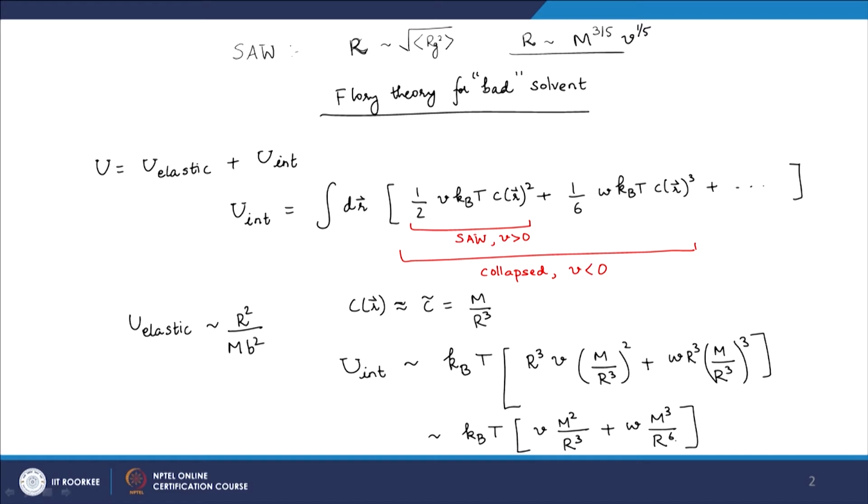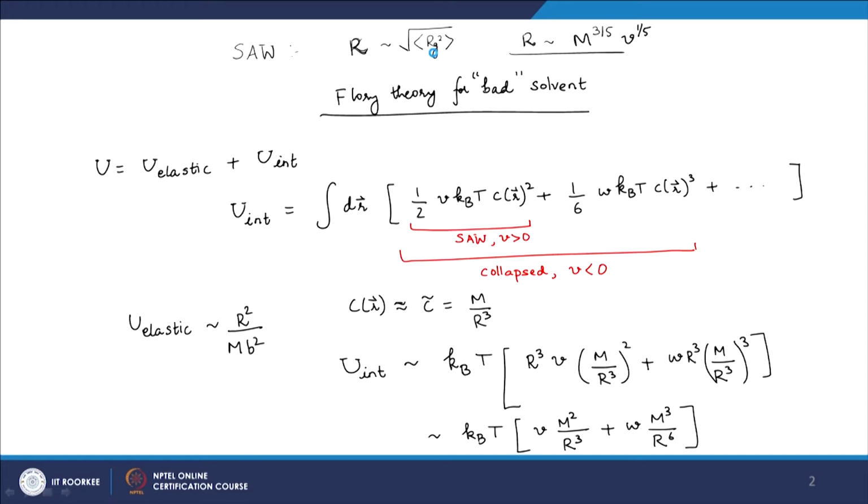Okay. So, in totality what we now have is the total energy of the chain, which is the sum of the elastic energy and the 2 body terms and 3 body terms.